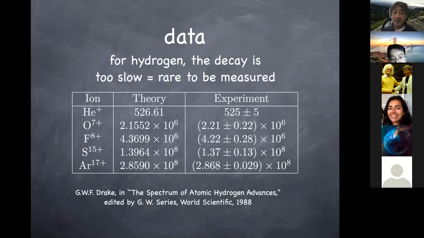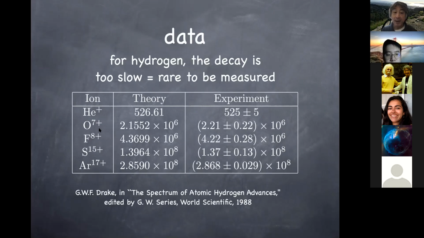And thanks to the fact that Z, the atomic number, is larger, the decay rate is bigger and the decay lifetime is shorter, and that becomes not as rare a process as it is for the hydrogen atom, so you can actually measure it. And this is the comparison of the theory calculation to the experiment.